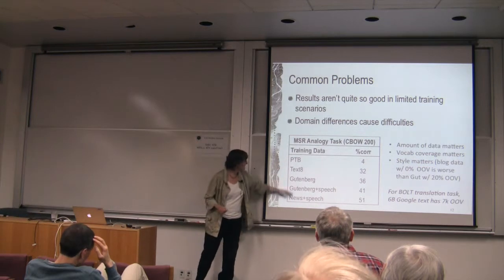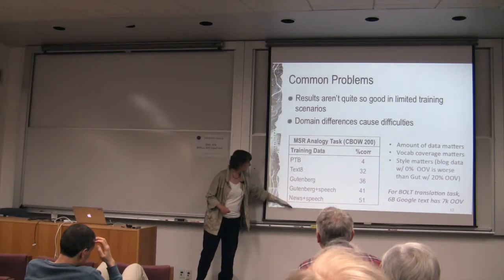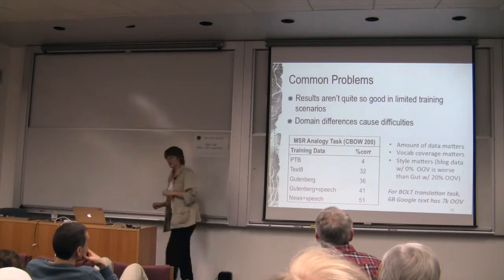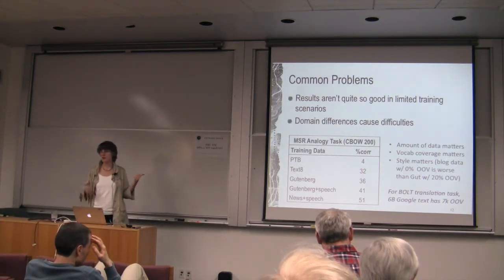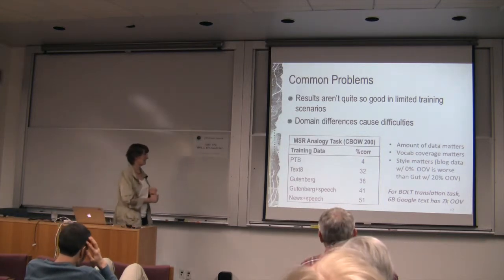But there's also this issue: amount of data matters, but vocabulary coverage matters. So this one had only 50% vocabulary coverage. Go down here and you have 20%, and it gets up. So vocabulary coverage matters. If you don't have the word, you can't solve the analogy problem. But style matters.